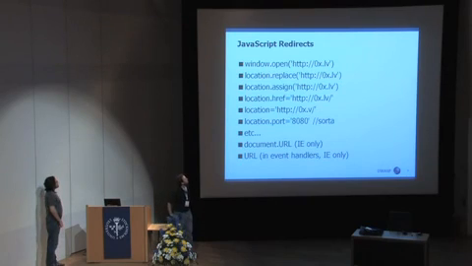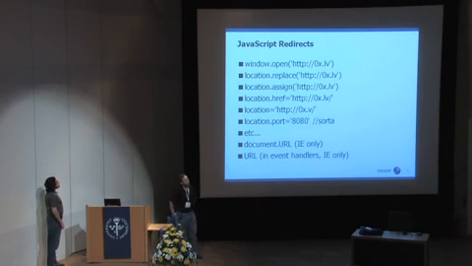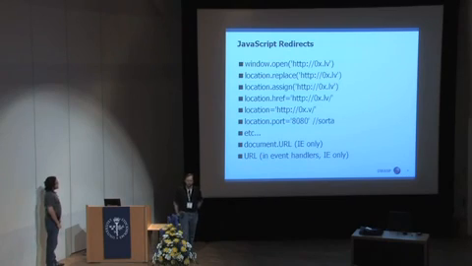Some of the more common ones are using JavaScript window.open or assigning something to the location.href variable. There's a few other interesting ways. You can assign something to location.port, and that will actually redirect the user to a different port on the same domain. A few other location.whatever objects have a similar effect.